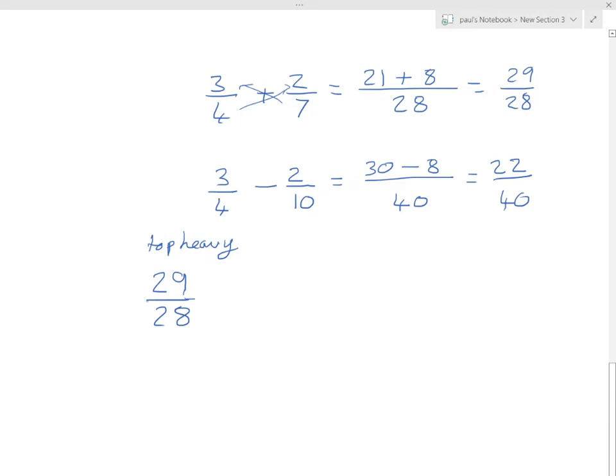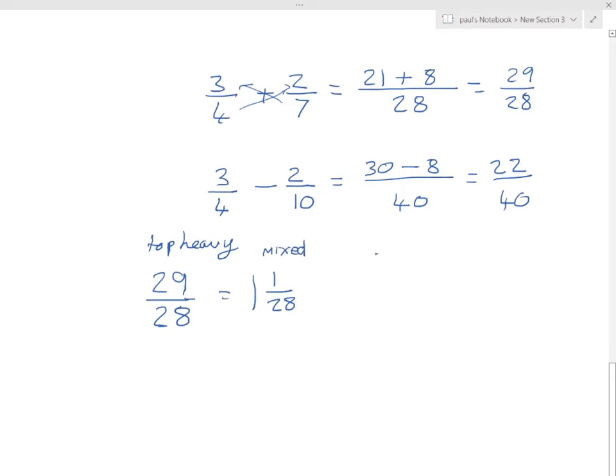This line in the middle means divide, so we're doing 29 divided by 28. So how many 28s go into 29, which equals 1, and you've got one left over. One, what are they? They're 28s, so that equals this.